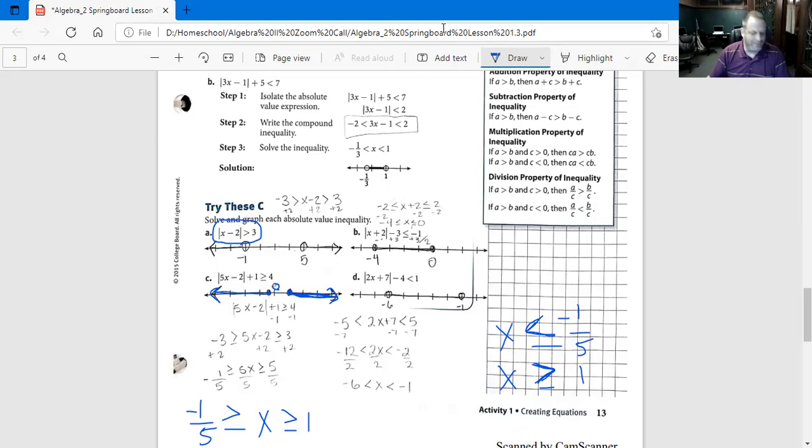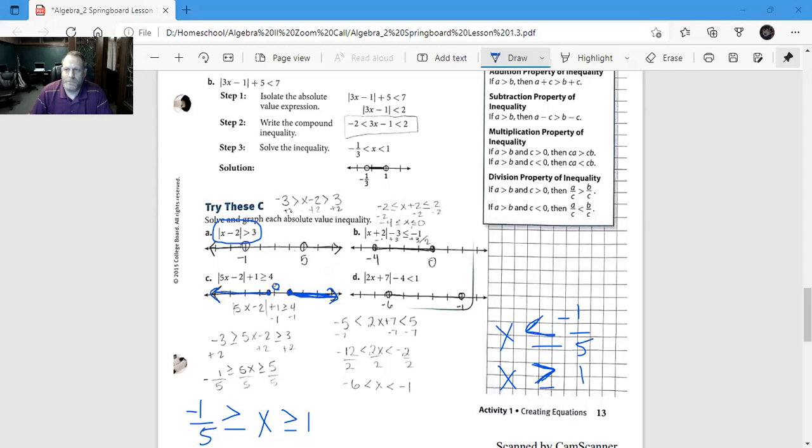All right, guys, let's do D. All right, guys, we have the absolute value of 2x plus 7, minus 4, is less than 1. So let's get rid of that 4.